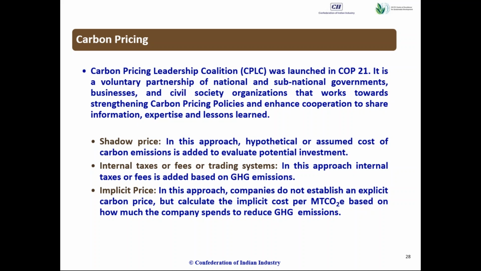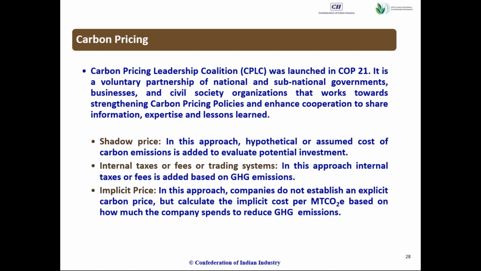Mahindra Group has set up the implicit price of $10 per ton of CO2. They have very ambitious targets. They want to reduce their GHG emissions by 25% in the next 3 years. They are one of the first companies in India. They are also part of the Carbon Pricing Leadership Coalition, and they have set up the carbon pricing. So they are taking excellent measures to reduce GHG emissions.